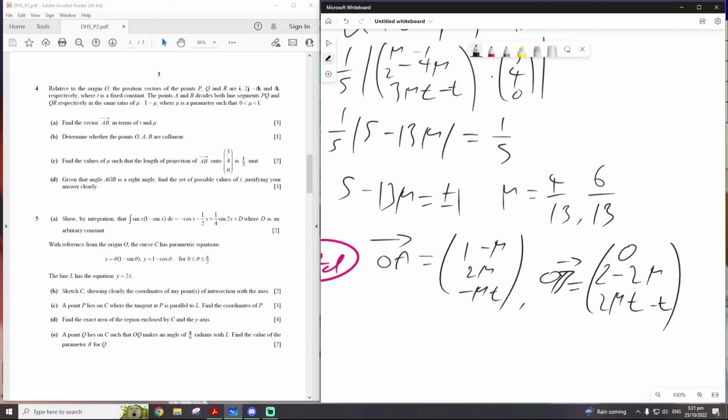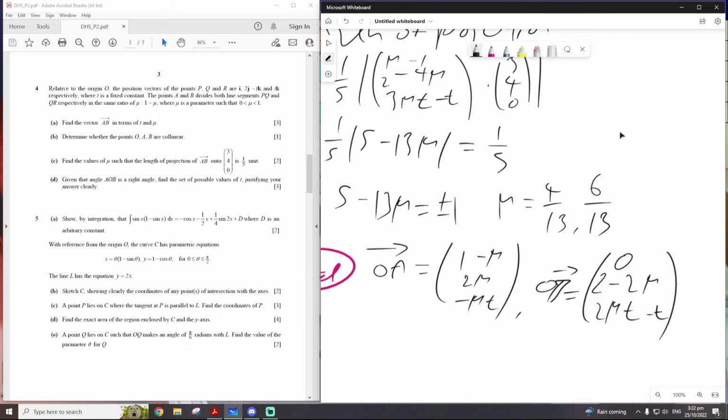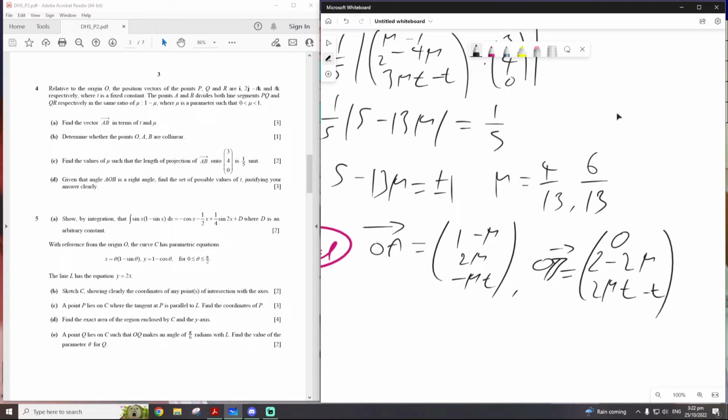Because the j component is only determined by OQ, so it's 1 minus mu times OQ, and the k component is (1 minus mu) times t, or rather (mu minus 1) times t plus mu t itself. So you get the 2 mu t minus t.